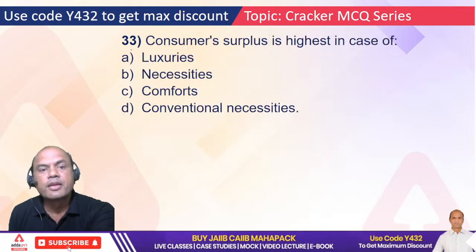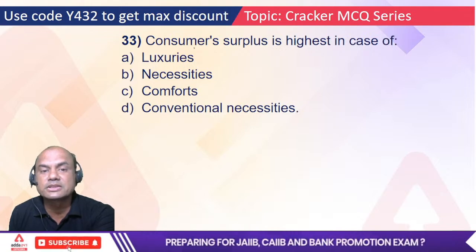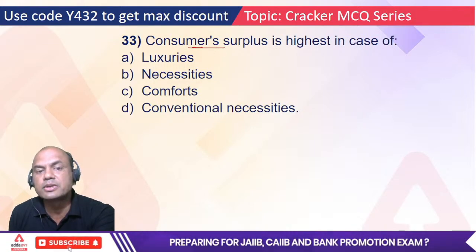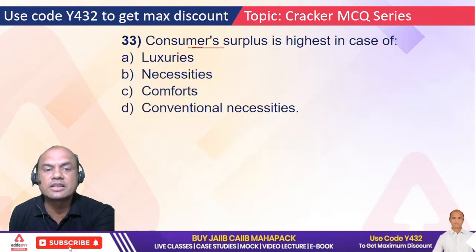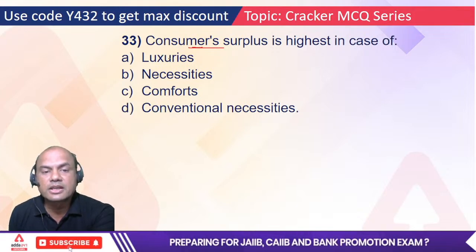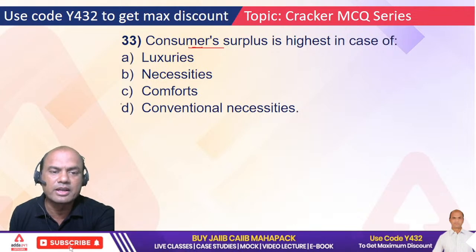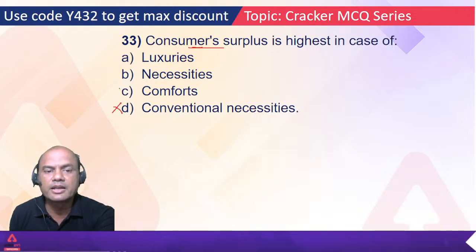Next: consumer surplus is the highest in case of... What do you mean by consumer surplus? Luxuries, necessities, comforts, and conventional necessities. So what are the answers? I'll give you one hint: D is out and C is also out.